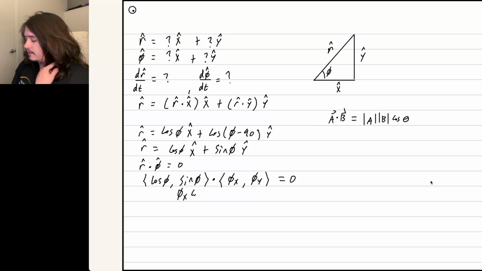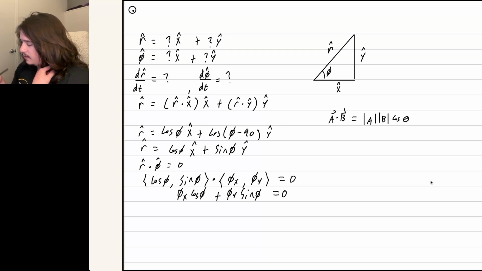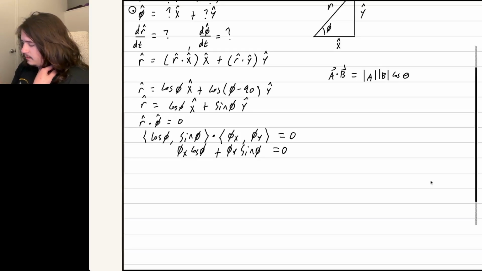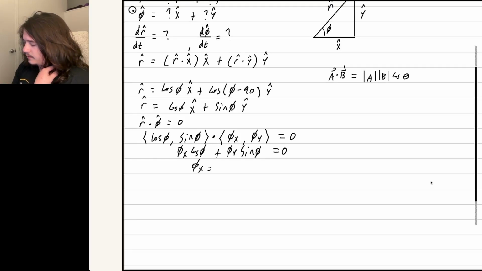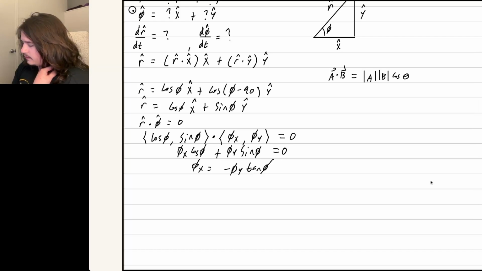So phi x cosine phi plus phi y sine phi is equal to 0. We'll use this to partially solve for phi x. So it's going to be minus phi y tangent phi.